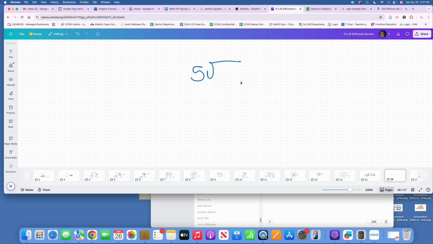Okay, so now I'm going to do 5 radical 72. Okay, so the 5 is out there. I'm going to change this to 8 times 9. I can rewrite this as 2 times 4 and 3 times 3.